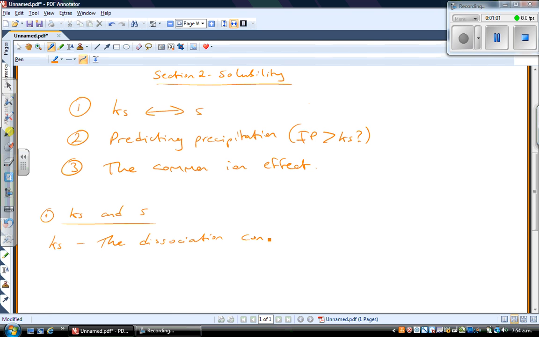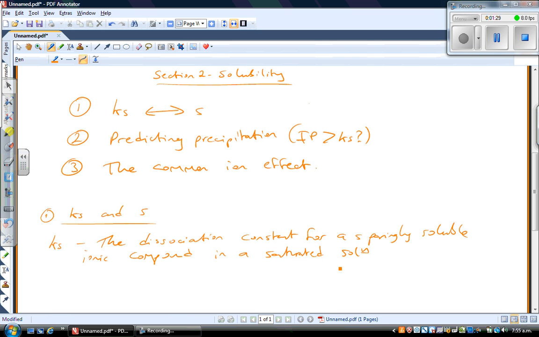So it's the dissociation constant for a sparingly soluble ionic compound in a saturated solution. Saturated solution is very important to mention, otherwise we can't do any of the calculations that we do in the next few minutes.